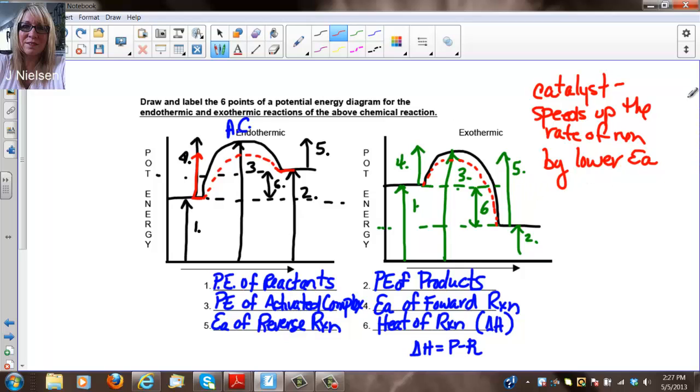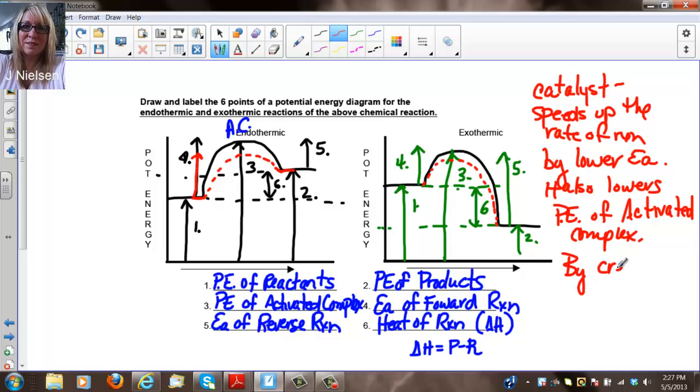And as a side note, it also lowers the potential energy of the activated complex. And it does this by creating an alternate pathway.